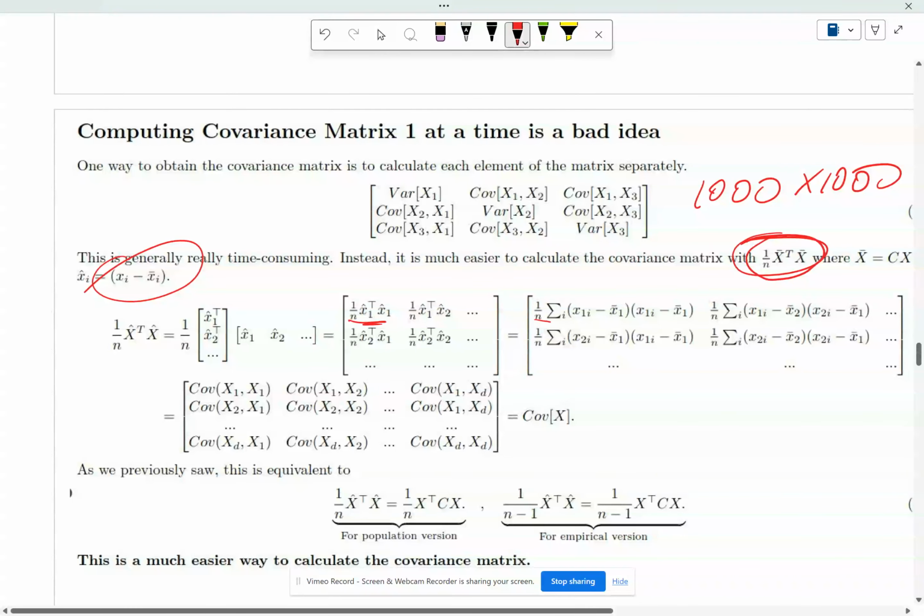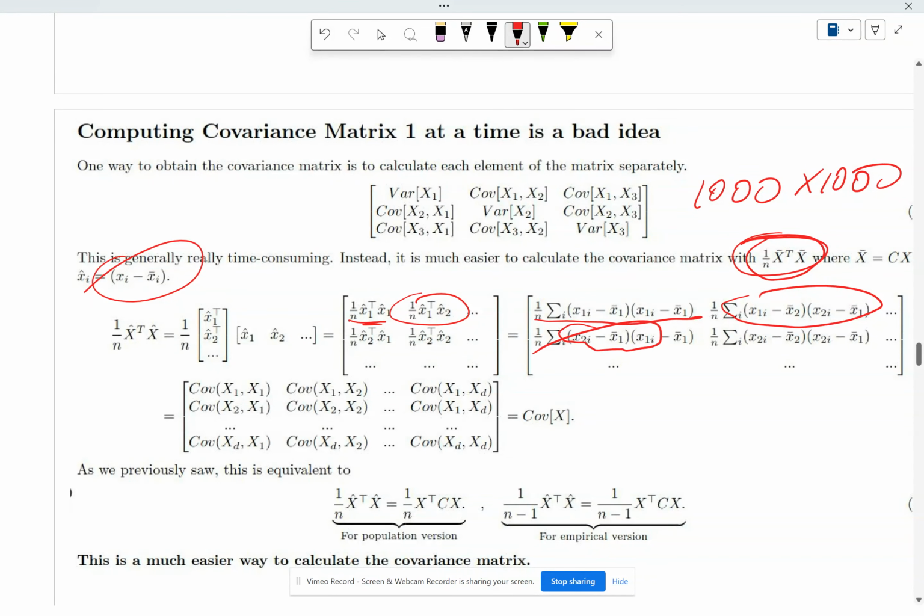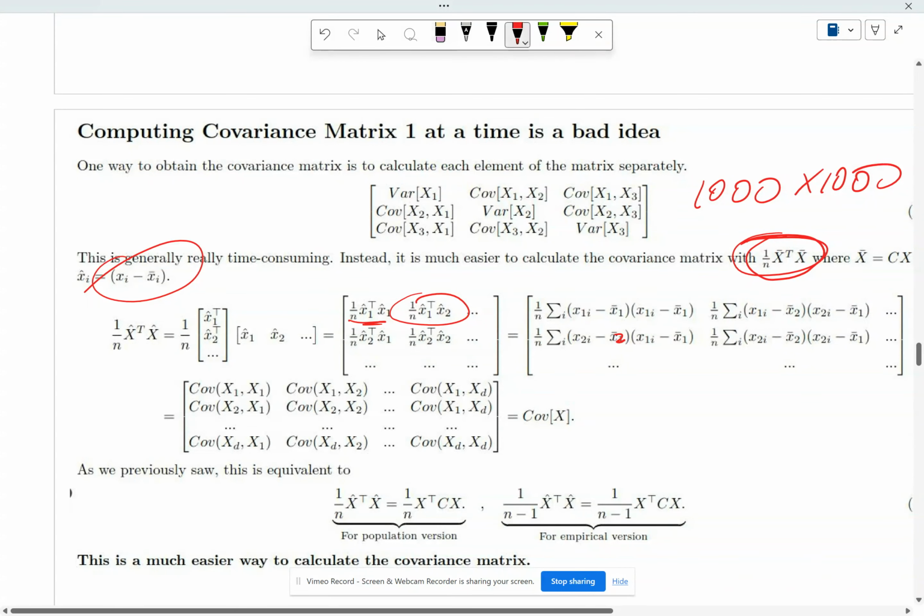Notice this is 1, 1, and this one's 1, 2. This is 2, 1. Oh, there are some typos. This should be 2, this should be 2, this should also be 2.